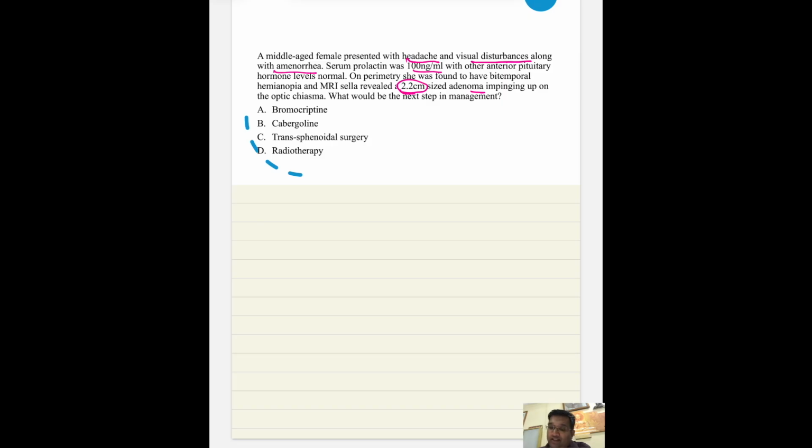The options are: bromocriptine, cabergoline, transsphenoidal surgery, and radiotherapy. So we have a middle-aged female with all these features. The primary features that we need to be very worried about are headache, as well as visual field defect, and there is hyperprolactinemia.